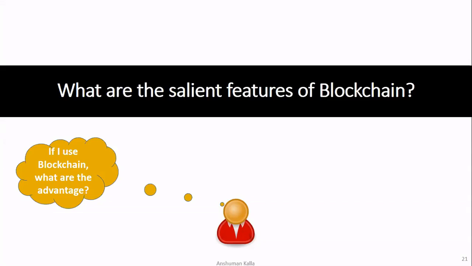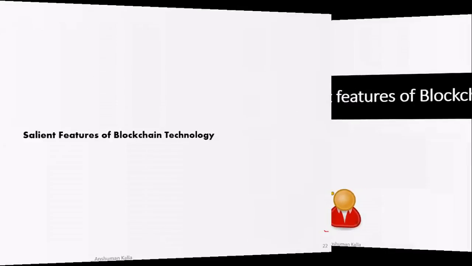So what advantages can they get? The point is, not all systems may use all the advantages. You might be interested in one or two of them, and that is more than enough for you. But there is a set of salient features that blockchain technology brings, right? So let's look at each of them.